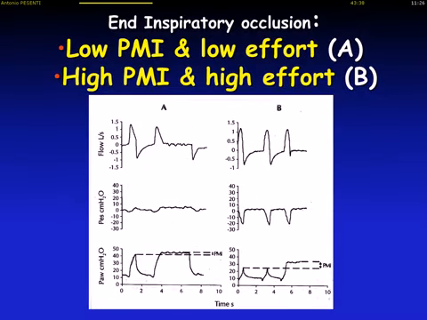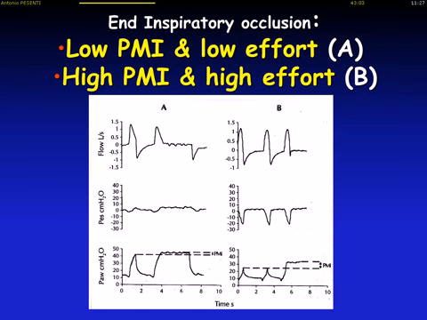And you see here that if you do this end inspiratory occlusion in the same patient at different levels of pressure support, some high level of pressure support on a patient on PEEP, the PMI is very small because this patient is almost totally supported by the ventilator.